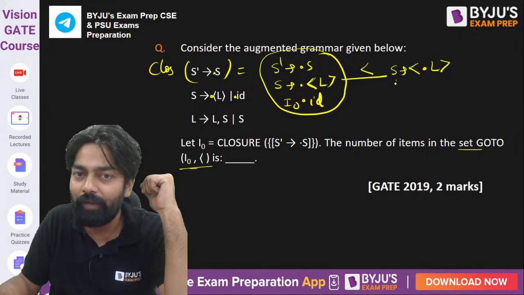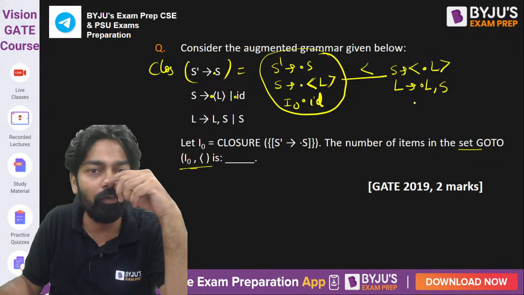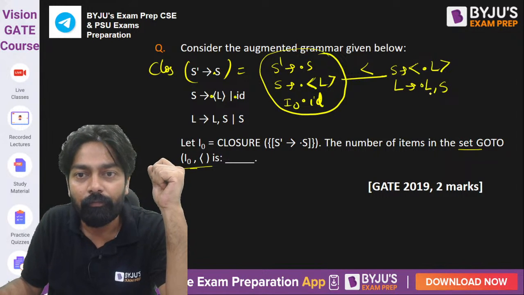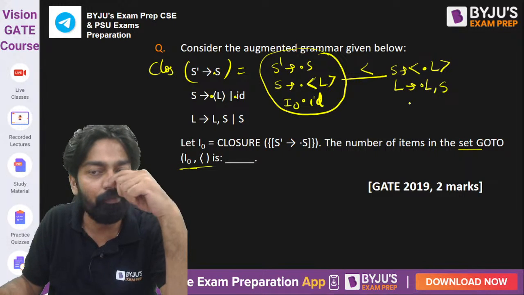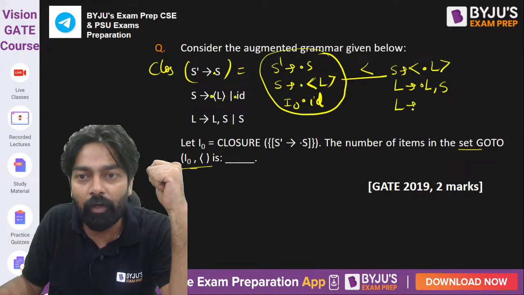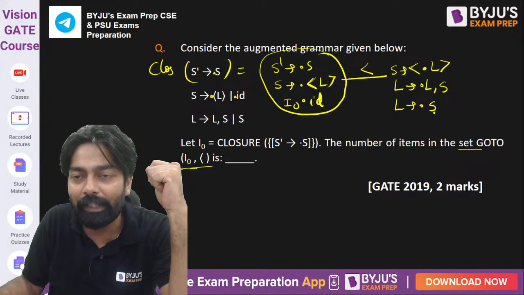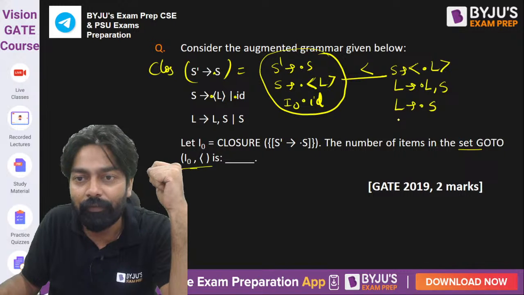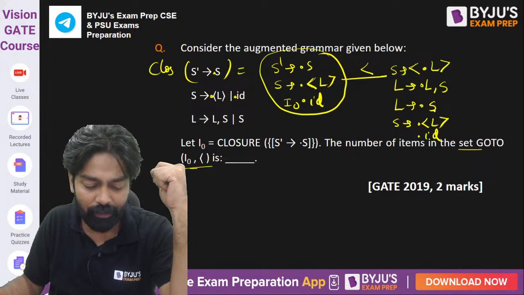L is there, and L is a variable, so you need to add the productions: L goes to dot L comma S, and L goes to dot S. Due to this S, we need to add S goes to dot L and S goes to dot ID. So I think they have asked this one only.